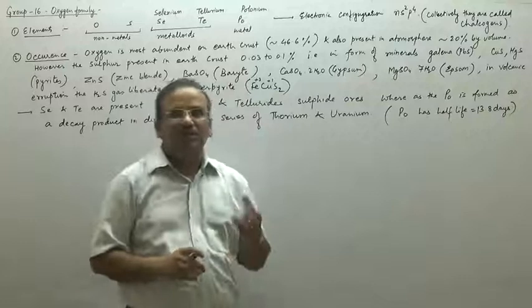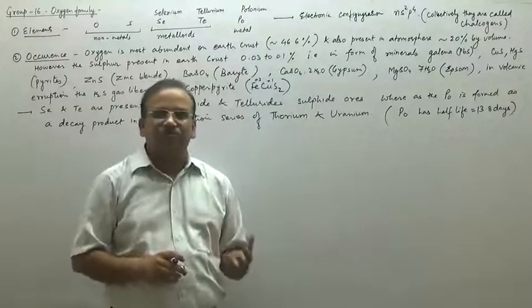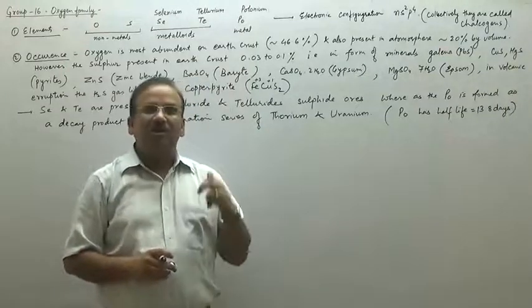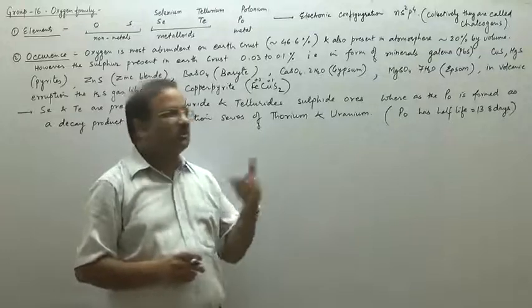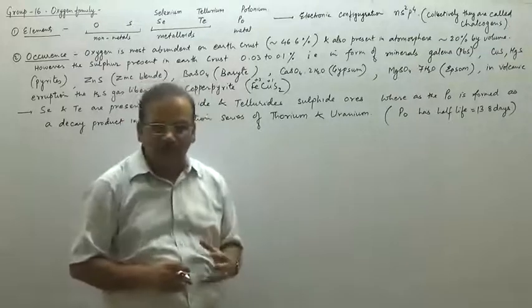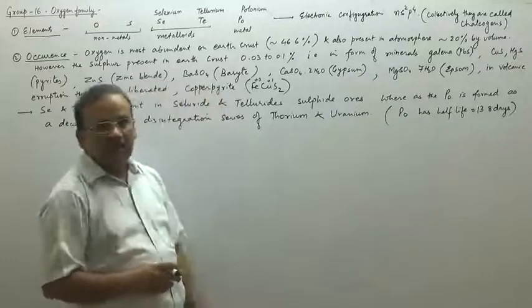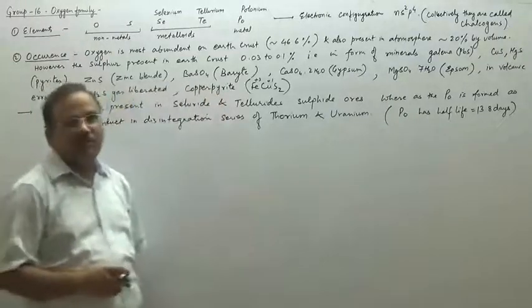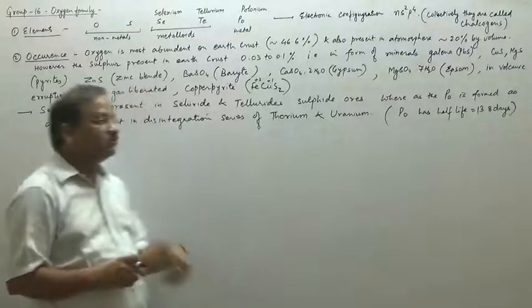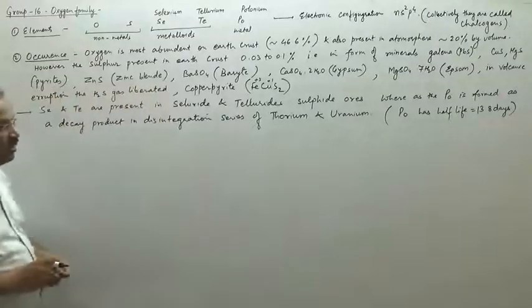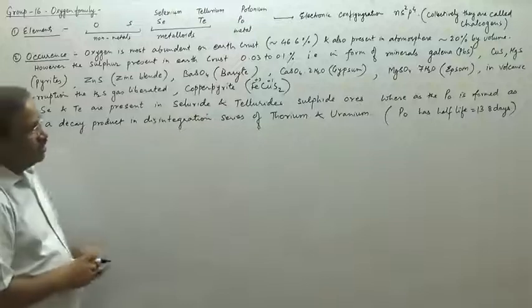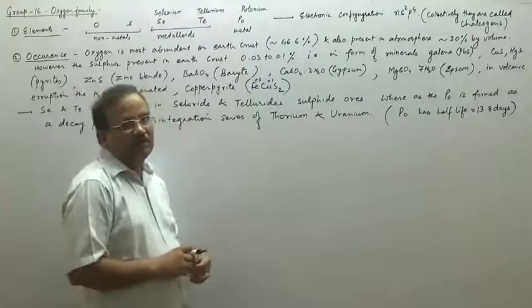Half-life, you know, is the time in which the initial amount of any substance becomes half due to disintegration. If you take 5 gram, it will be left 2.5 gram after 13.8 days. Then after the next 13.8 days, it will become 1.25 grams. That is what we call half-life.